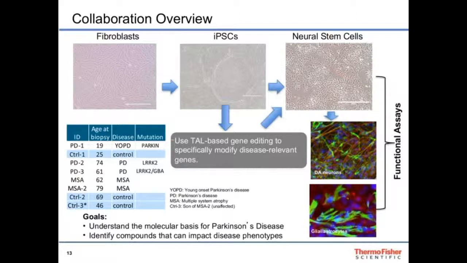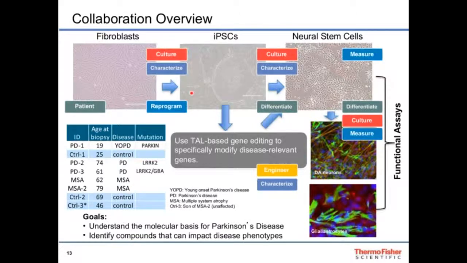Parkinson's Institute sent us several skin biopsies from patients, indicated in the lower left panel. We have controls, and two Parkinson's patients with specific known mutations linked to Parkinson's, either in the LRRK2 kinase gene or in the GBA gene. We also had a couple of interesting Parkinson's-like disease patients with multiple system atrophy, and we'll go into more detail about that.